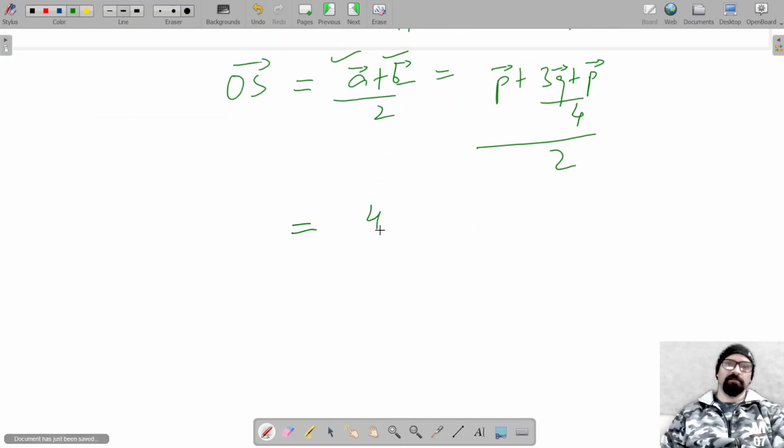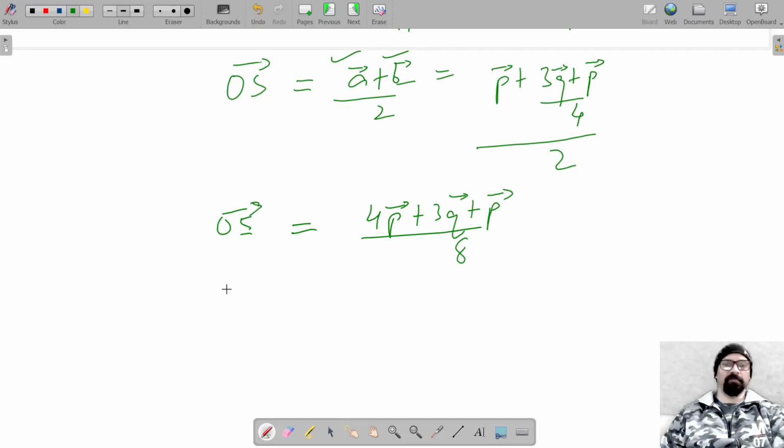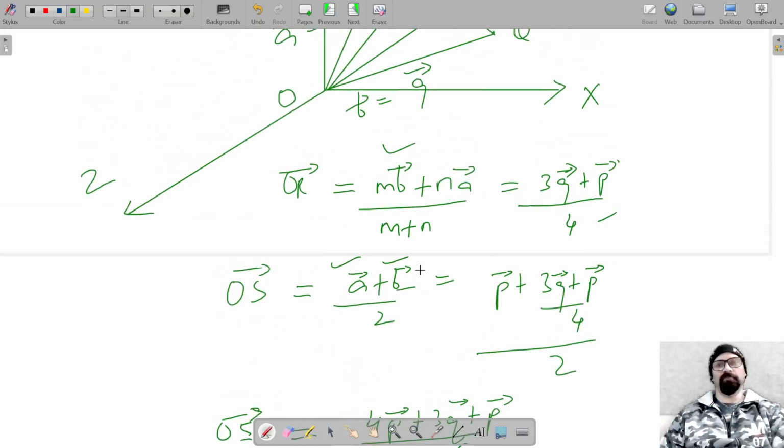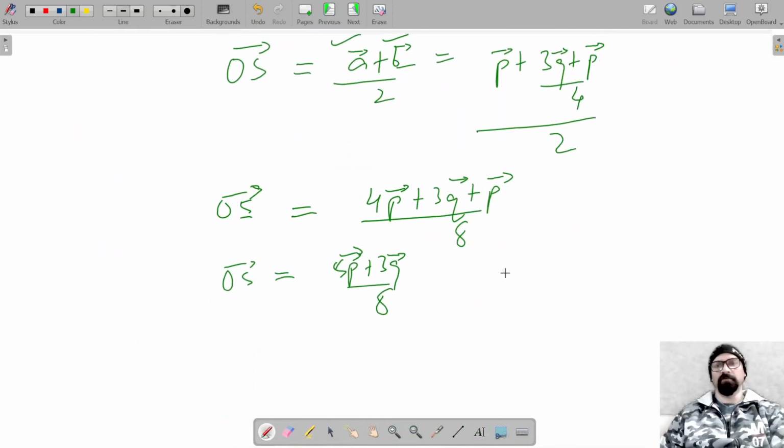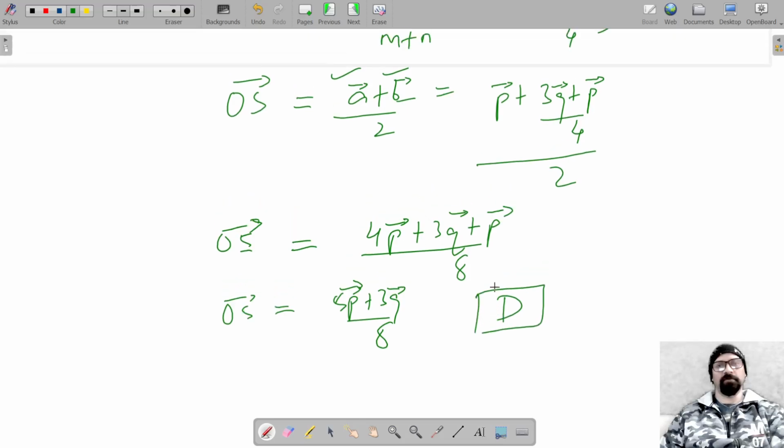So this is 4p plus 3q plus p upon 8. This is the position vector of the midpoint S of PR. So 4p plus p is 5p plus 3q divided by 8, which is option D. So D is the correct option for this one.